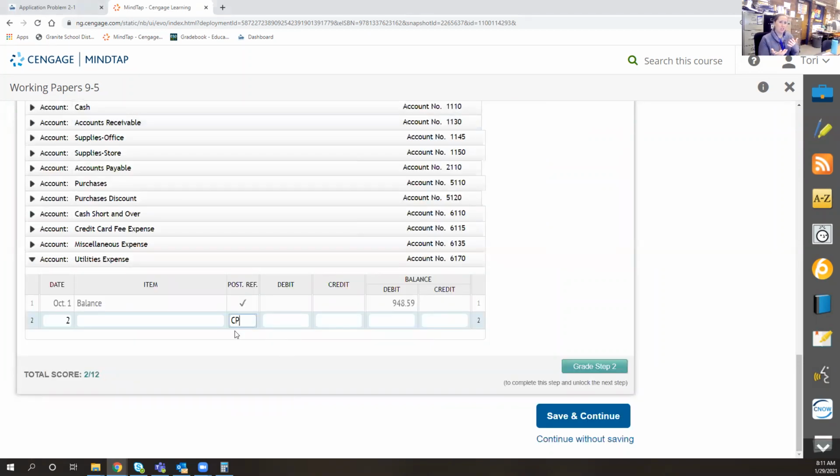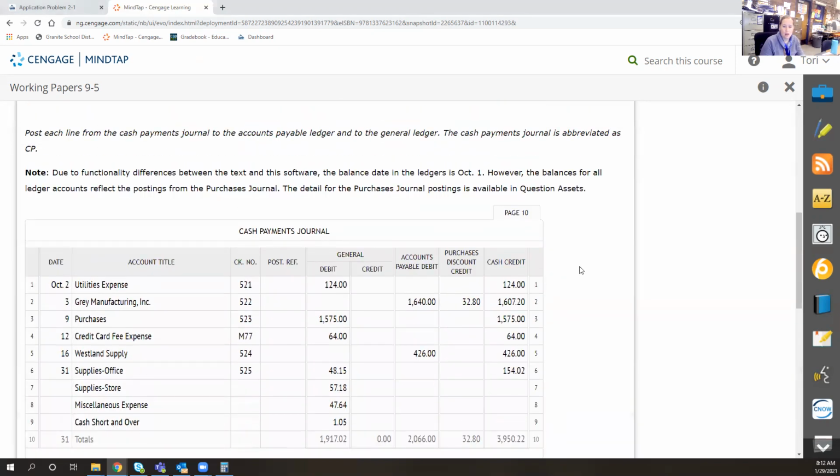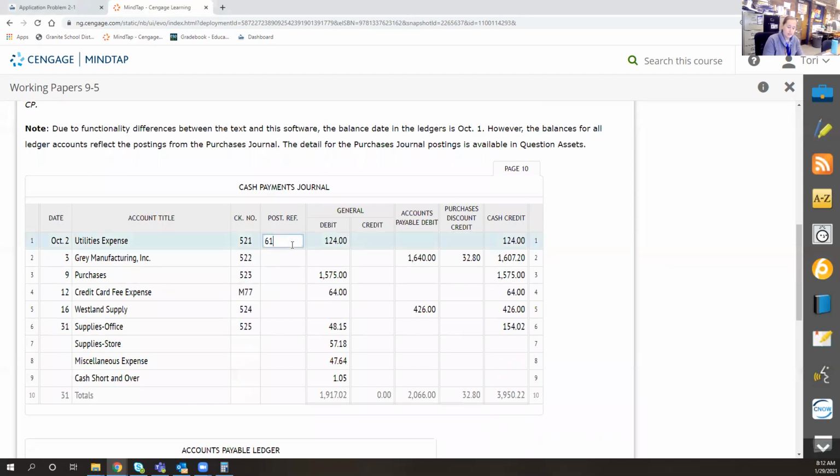If we just put a C, then that would make it confusing with like a check, I guess. And then we're going to say we debited 124. So we have a debit and a debit. We're going to add those two together. And then we need to make sure we post reference 6170 up top. So right here, 6170 up top.